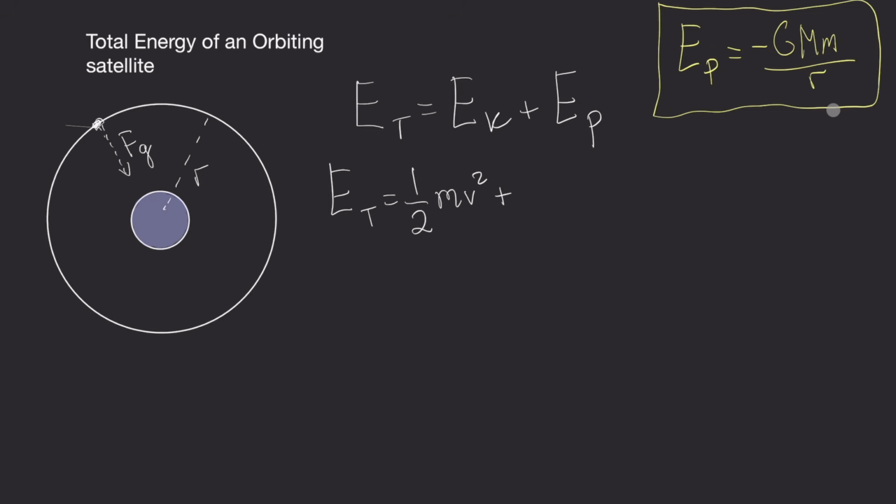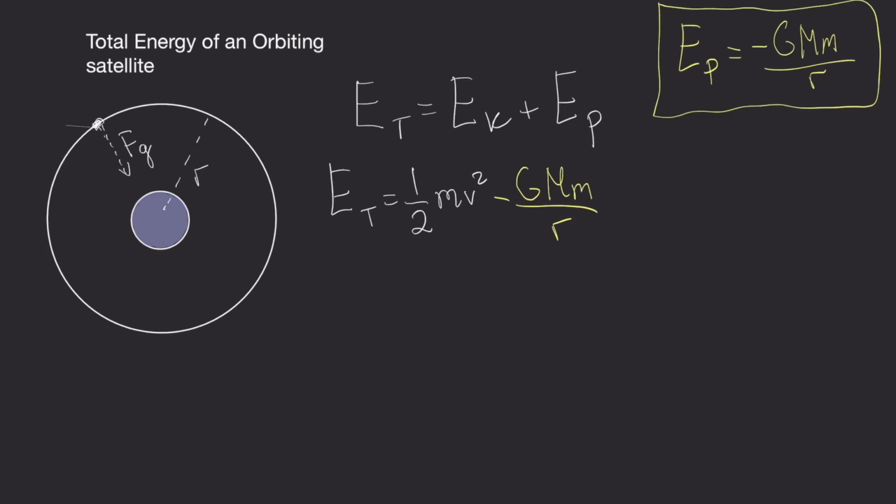It's very, very useful. Okay, so this will actually change our expression a little bit. So we can get rid of this plus sign, and then what we're going to get for the total energy is a half mv squared minus GMm over r.